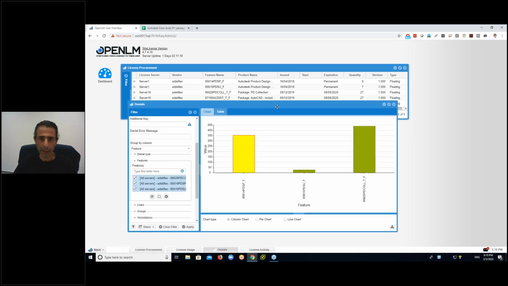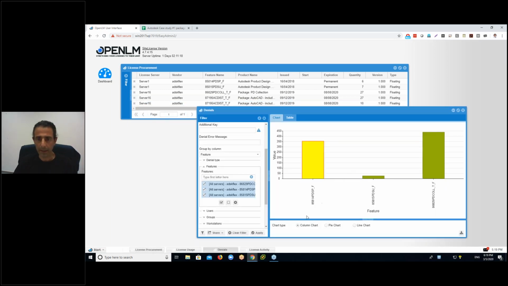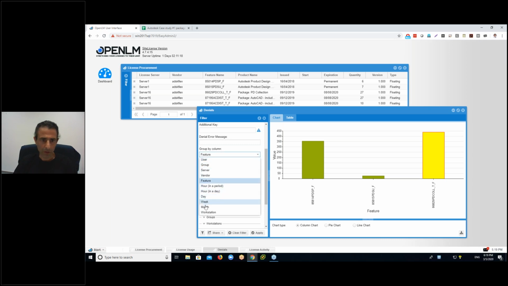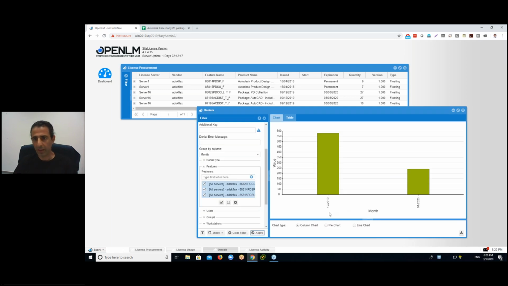The next analysis is denials. Looking at the denials screen, you can see that I added all 3 licenses, and there are many denials for each of the 3. I can change that from feature to months, and we are looking at 2 months: December has a very high number, January less.